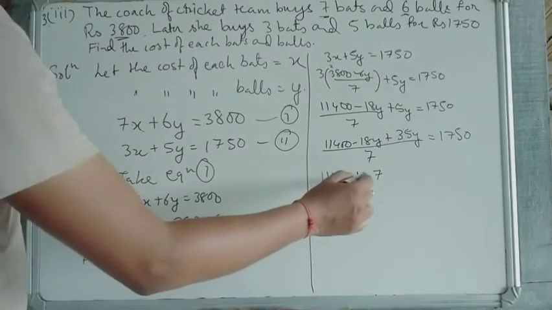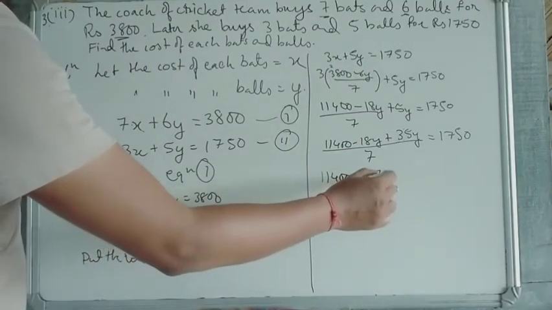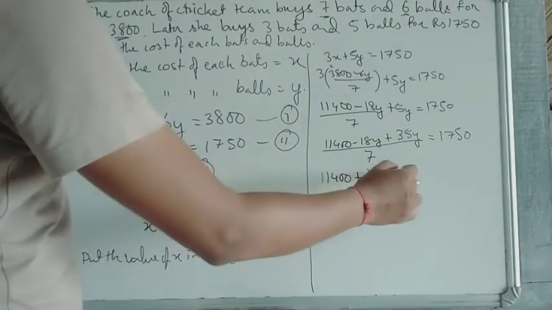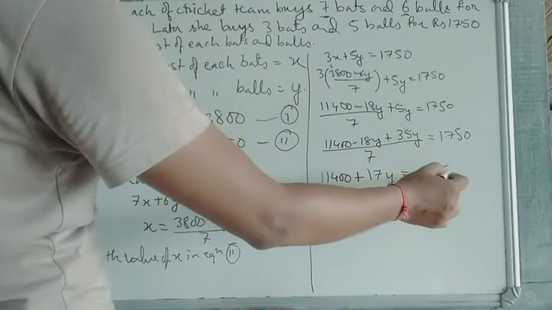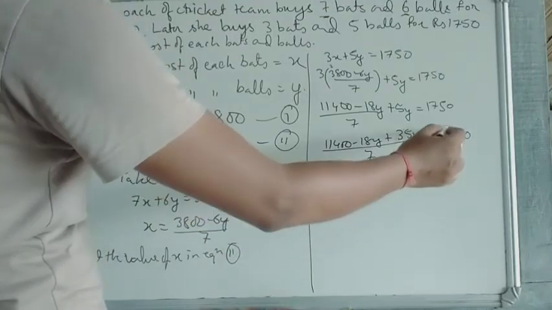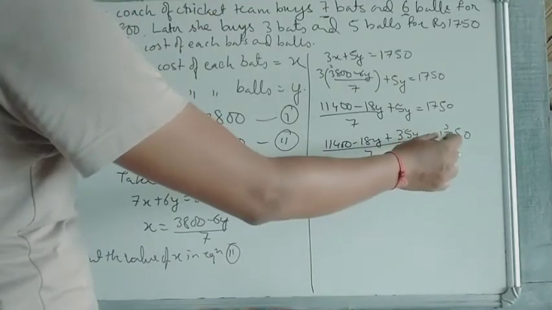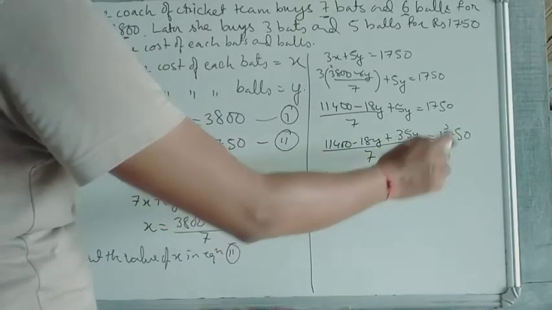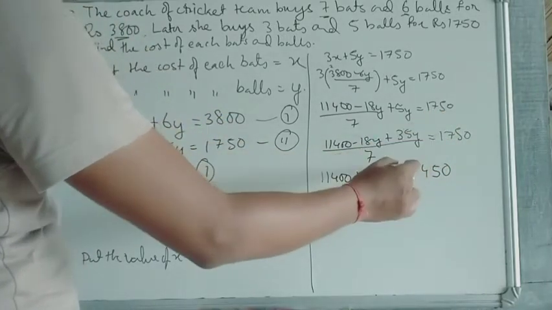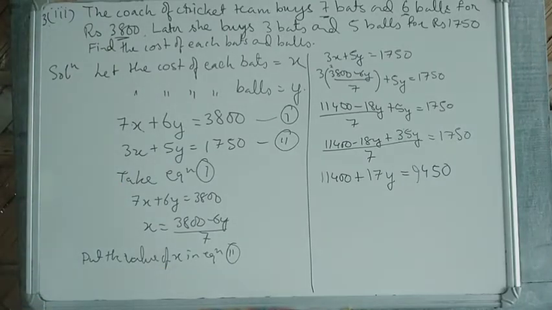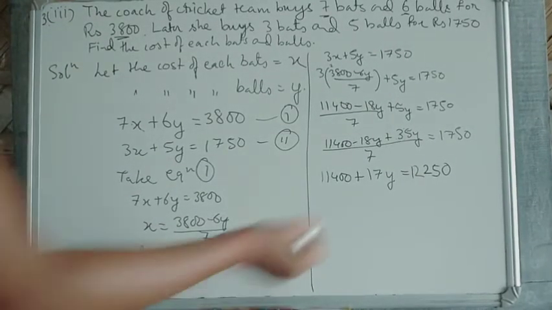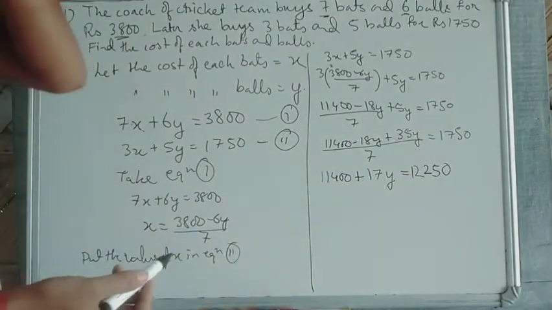It is 17y equal to, now 7 will get multiplied here, so 12250 will come.